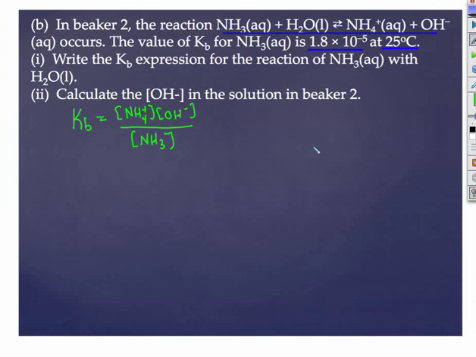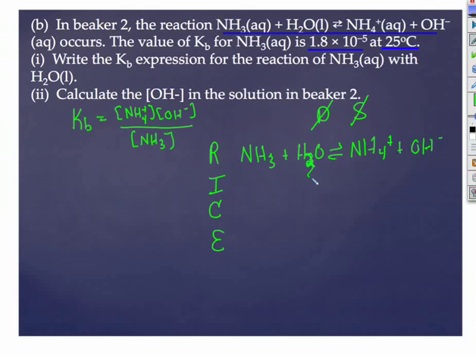We're dealing with only this beaker, so there's no dilution, there's no stoichiometry. This is, as if you read carefully and pay attention, a straightforward RICE problem. NH3 plus H2O gives NH4 plus OH minus.